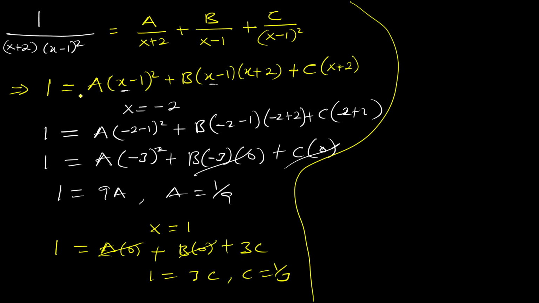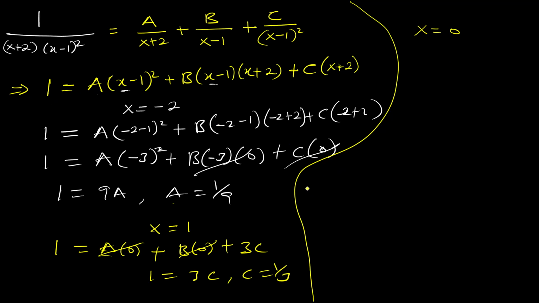We want to plug in a value of x that will keep A, B, and C. After that, we substitute A and C. We can say let x equal 0, or we can pick any number that will keep the 3 variables, that is A, B, and C, since it will be possible for us to substitute.